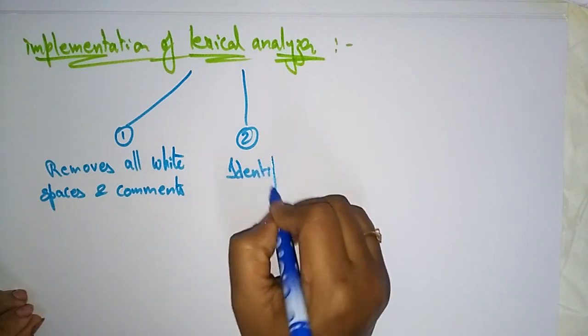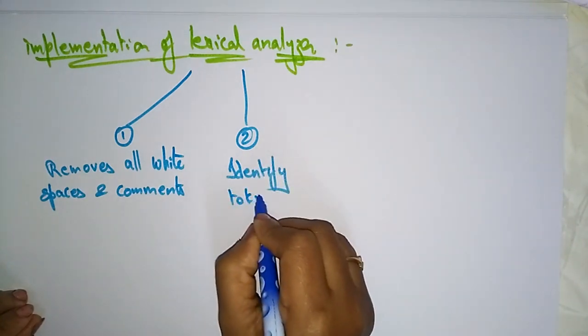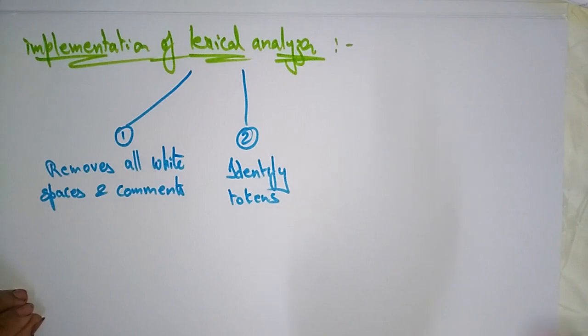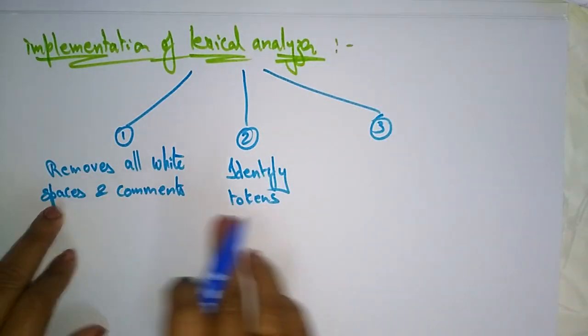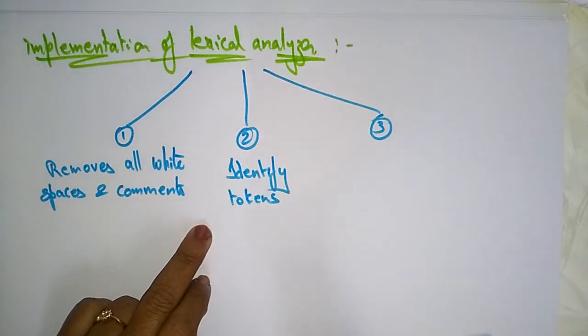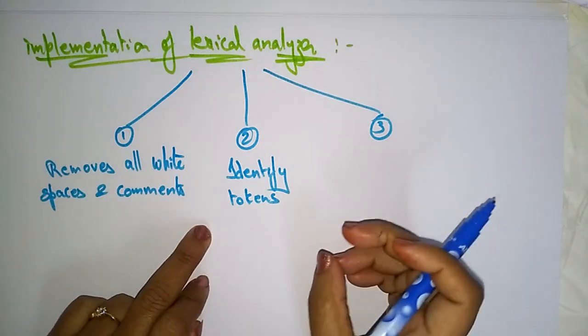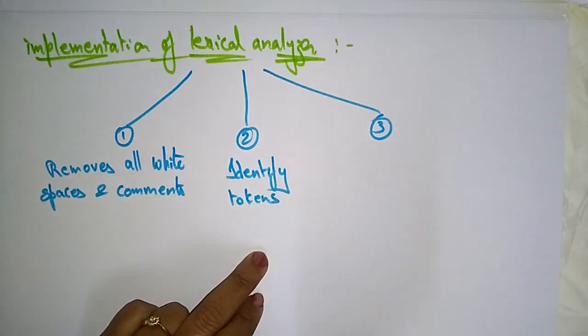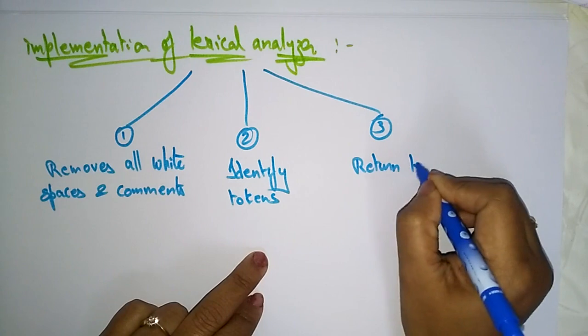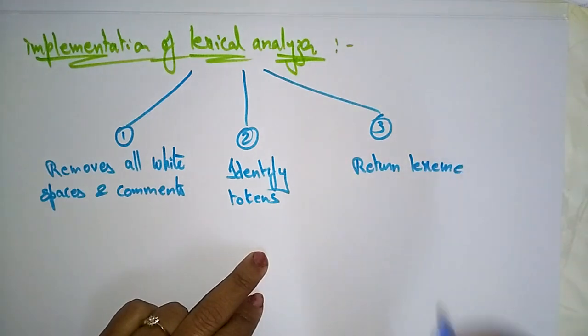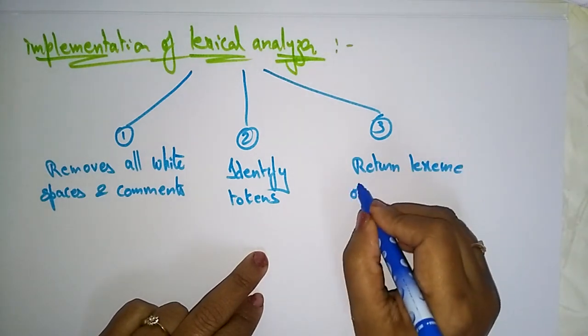I'll explain what a token is also. First it removes the spaces and comments. Next, in that string, it identifies the tokens. And the third one is that it returns the lexeme of a found token. I'll explain lexeme too, don't be confused.